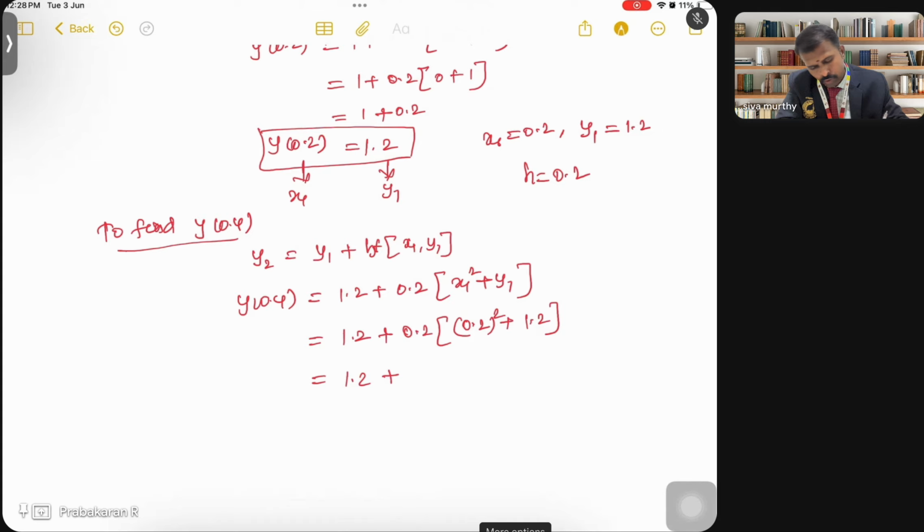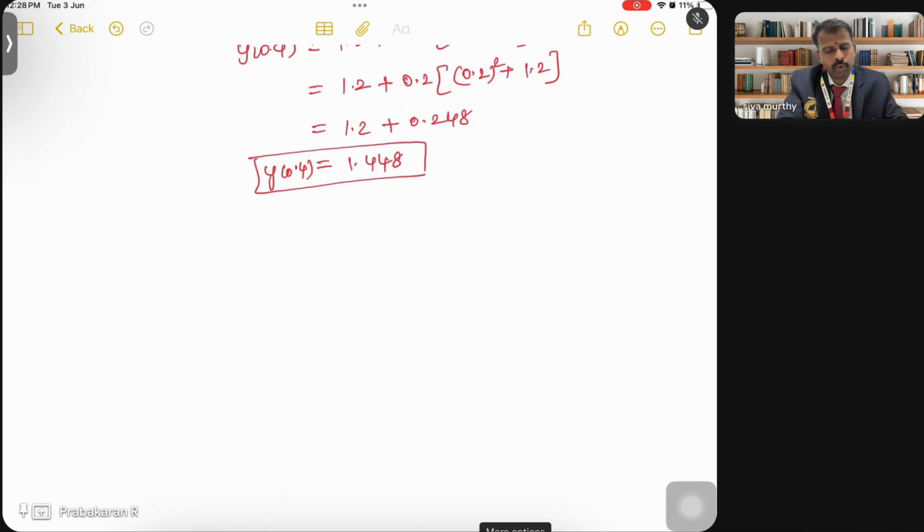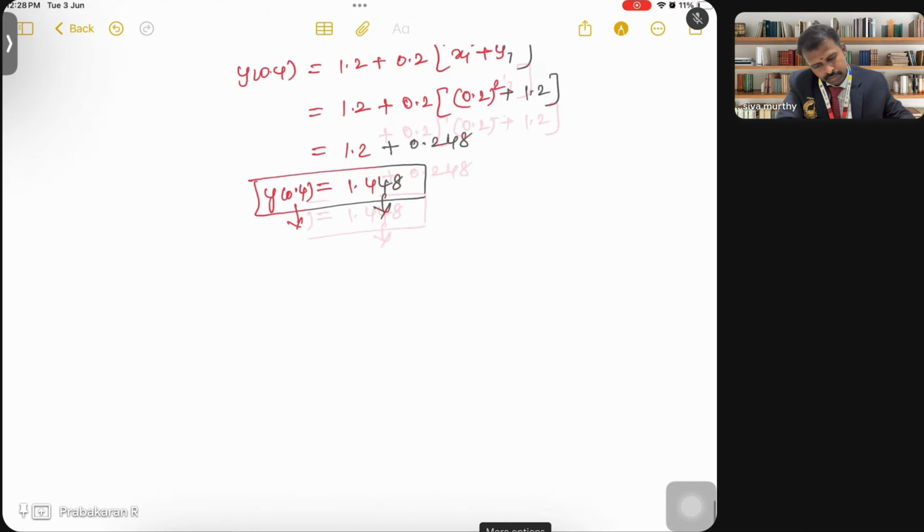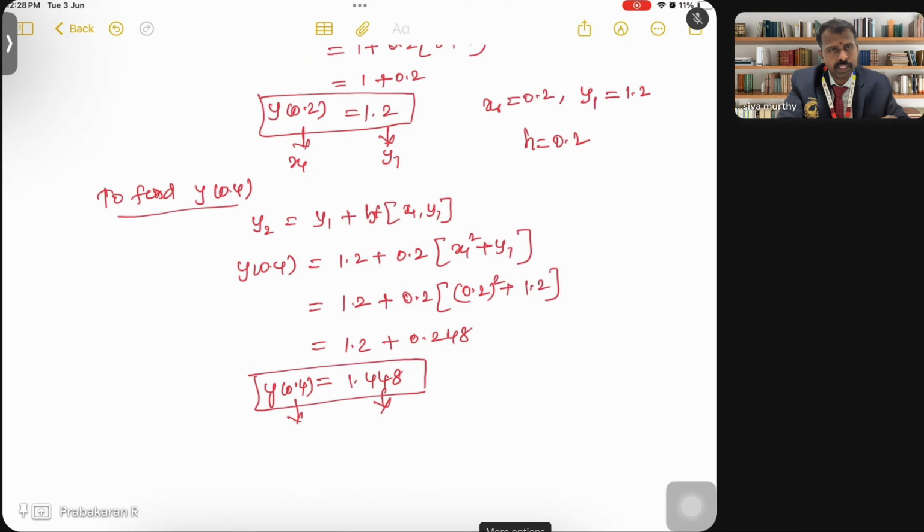Okay, so 0.248 we get, then adding 1.2 and 0.248 we get the answer 1.448. So this is the answer for 0.4. This is the second subdivision of this particular problem. So y of 0.4 equal to 1.448. This is the answer. Last subdivision we got x1 and y1.